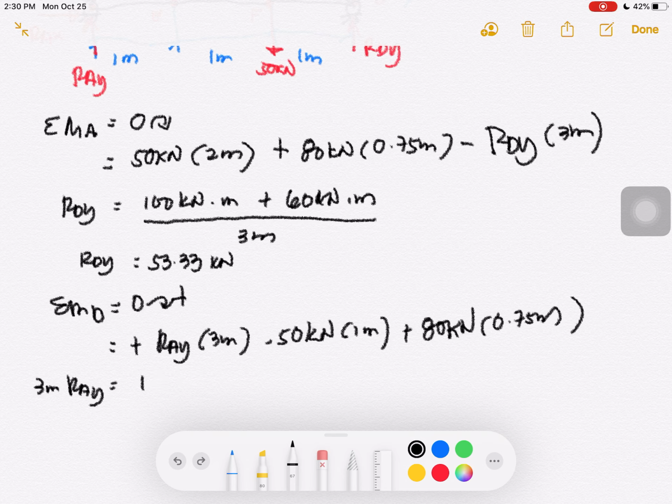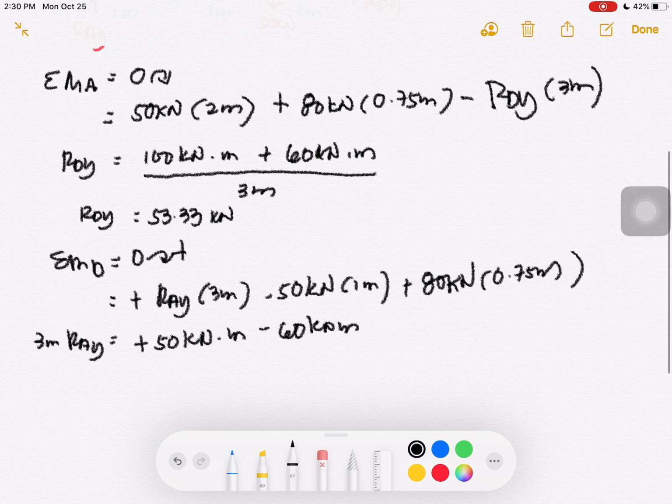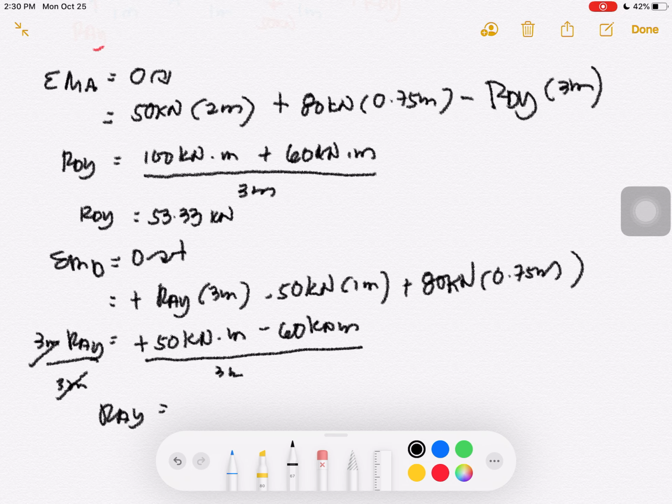Again, should be positive 50 kilonewton meter and minus 60 rather. Okay, so divide both sides by 3. RAY is now 3.33 kilonewton.